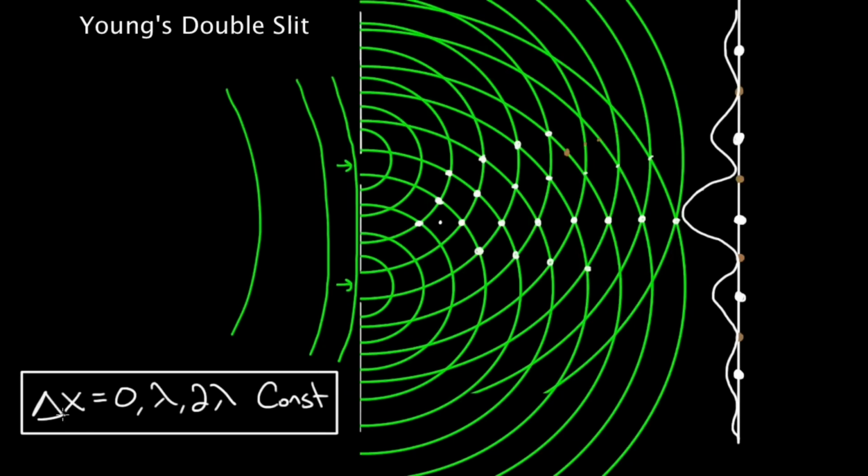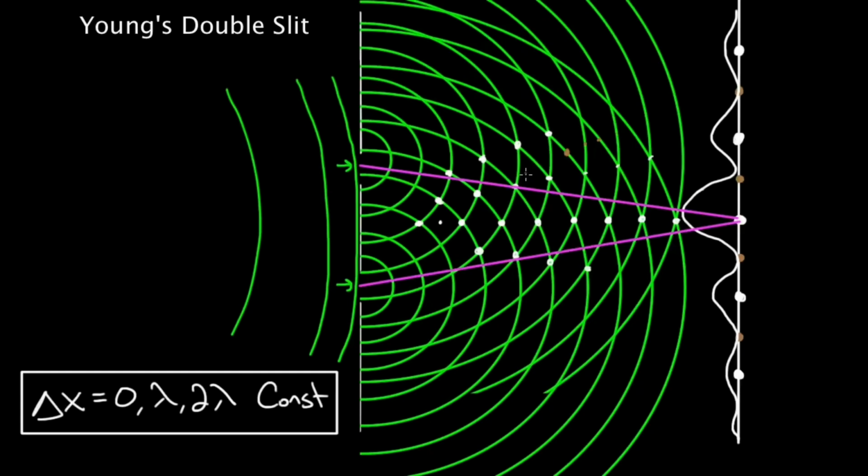And what do I mean by this? What does path length difference mean here? Well, if I look at from this top line, or this top hole, this is basically like our speaker. One source here, but it's light instead of sound waves. From here to the center bright spot, the wave from the top hole had to travel a certain distance. And from the bottom hole to that spot, wave had to travel a certain distance.